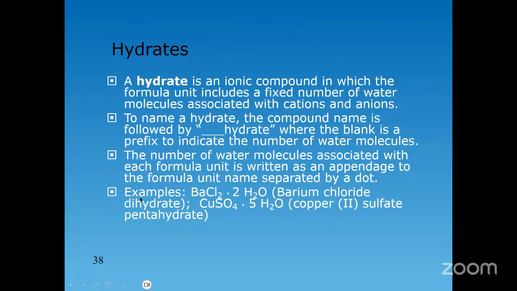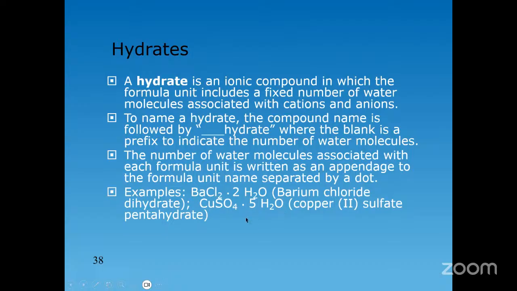This hydrate, the formula is BaCl2, then a dot, and then 2 H2O. So the name of this compound is barium chloride dihydrate. In the case of this one, CuSO4·5H2O, the name of this compound is copper(II) sulfate pentahydrate, all right?